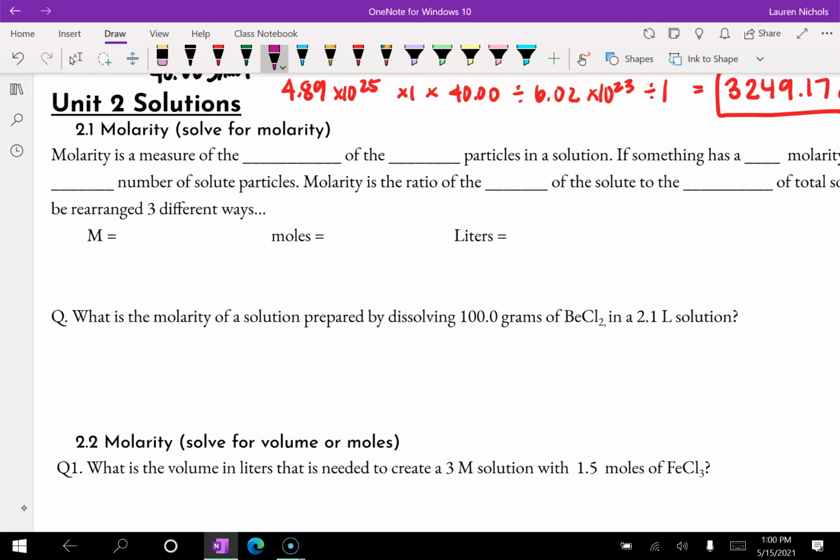And we kind of broke it down into just solving for molarity and then solving for the other units that are in there. So molarity is a measure of the concentration of the solute particles in a solution. So how much of your solute is dissolved.